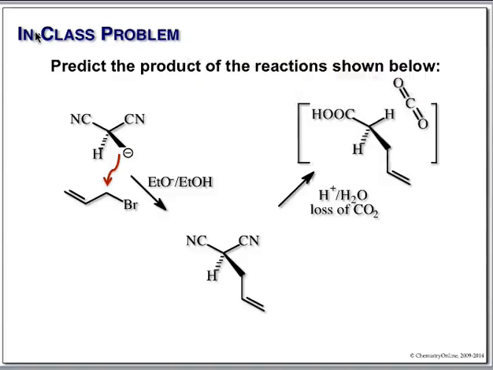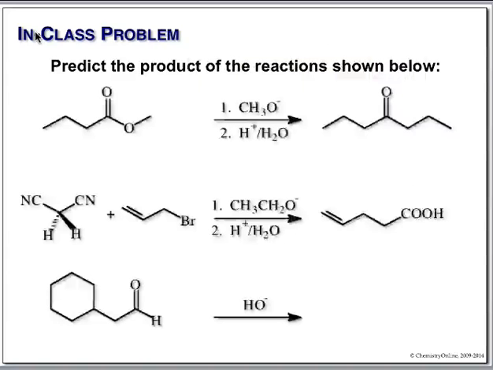When it does, hydrogen goes here, and therefore our product, just like a malonic ester synthesis, is a substituted acetic acid. That's why this stuff is called malononitrile. Malonic acid, malononitrile. They're equivalent.